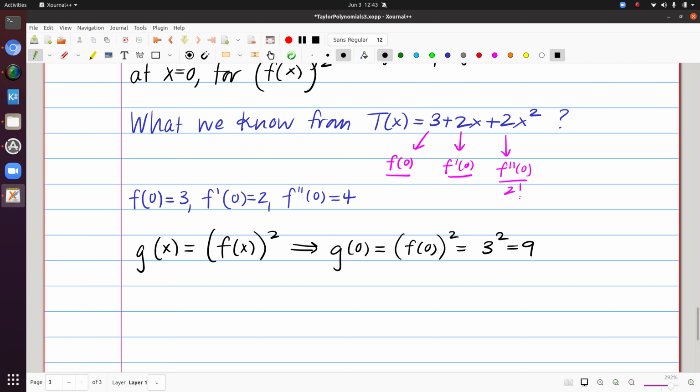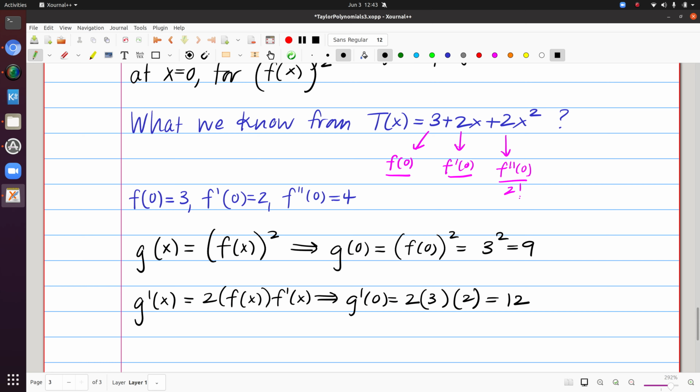To find g prime of x, I can use the chain rule to get this. And again, if I now want to know what that evaluates to at 0, I have 2 times f of 0 is 3, and times f prime of 0, which is 2, so we get 12.